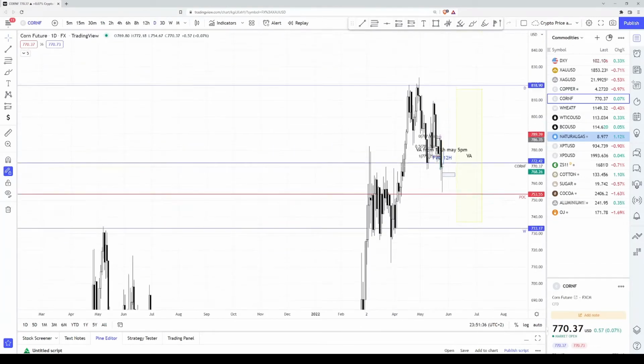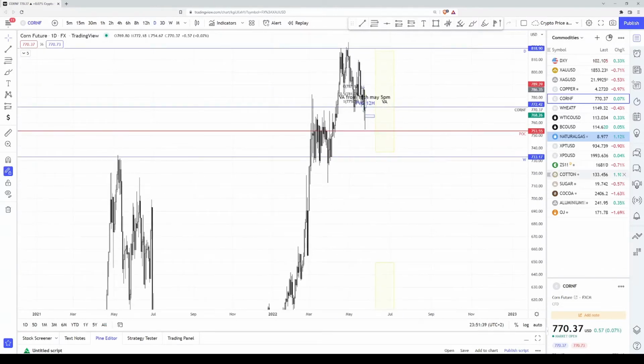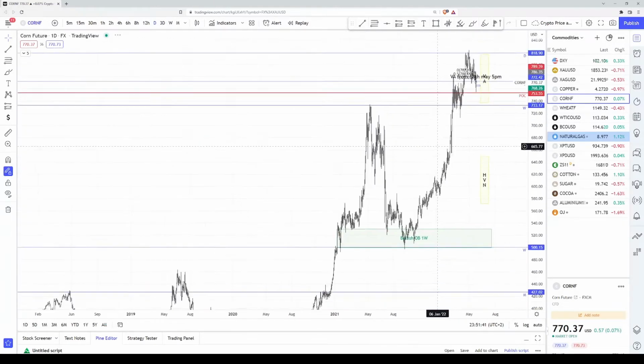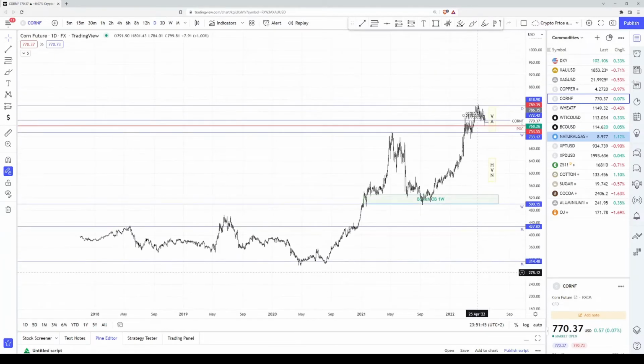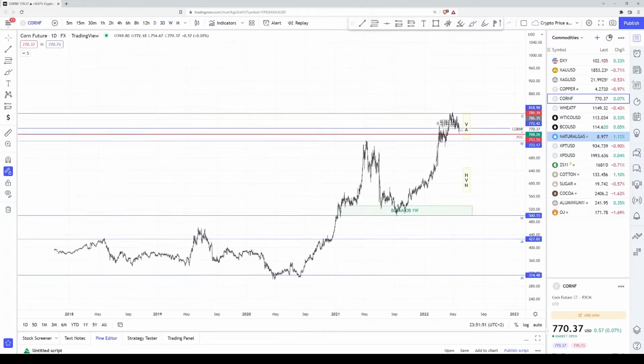Maybe there are some insights I can explain on the higher time frame. The weekly and monthly levels are marked here, but they are quite far away from the current price.